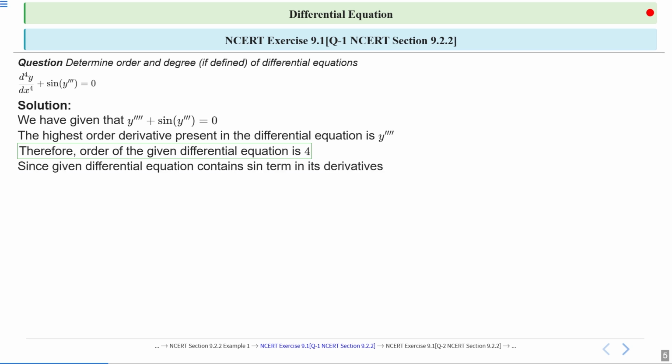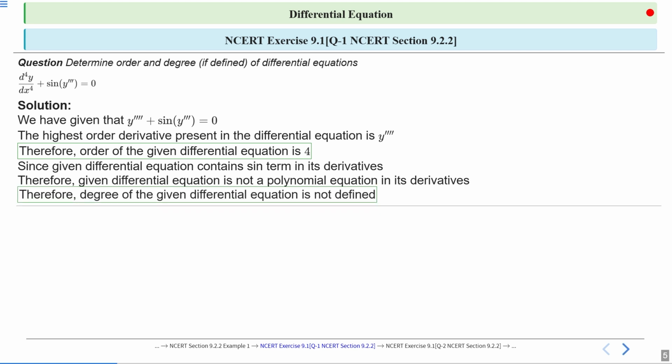But since the given differential equation contains a sine term in its derivative, therefore it is not a polynomial equation in derivative. And because it is not a polynomial equation in its derivative, we cannot define the degree of the given differential equation.